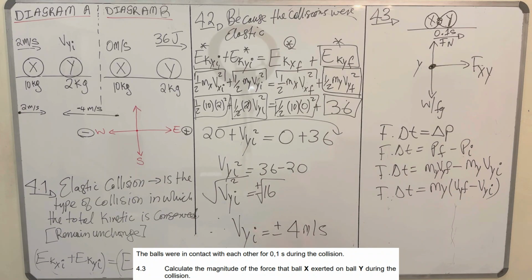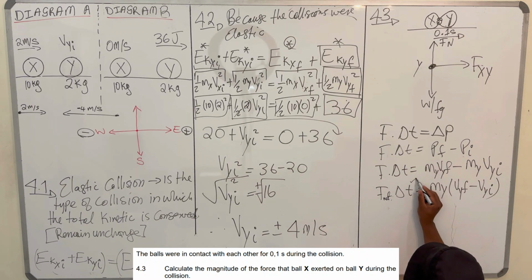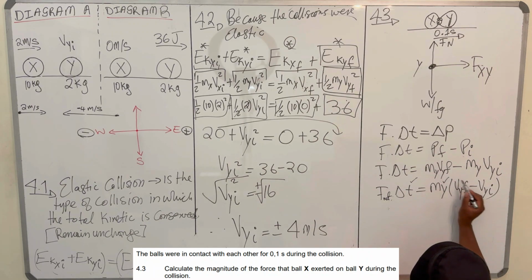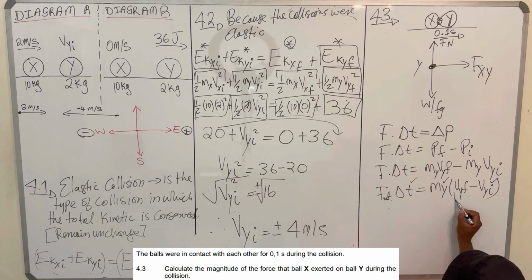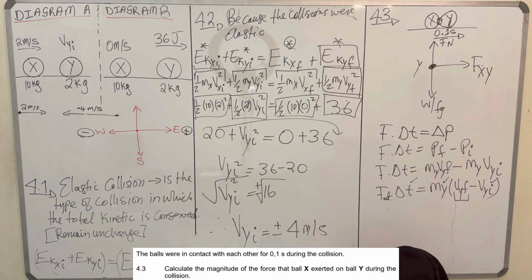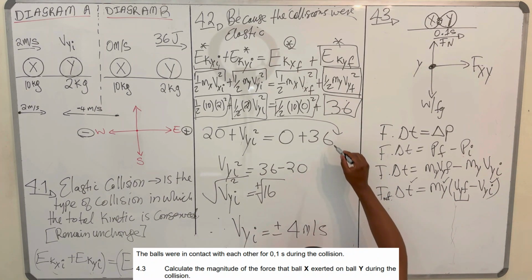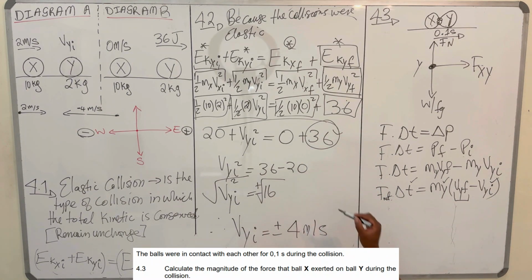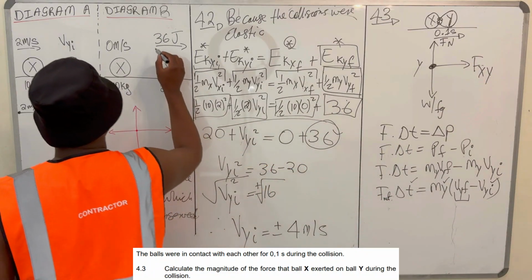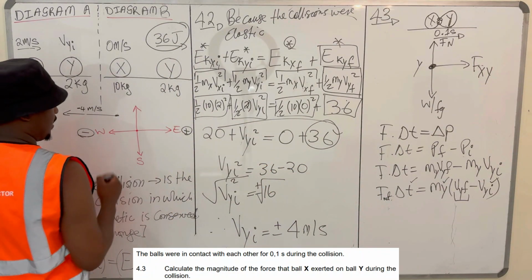But what you don't have, and you want this net force, is the final velocity. You have the time, the mass and the initial velocity, but you don't have the final velocity of ball y. But you can find it, because you are given the final kinetic energy of ball y.